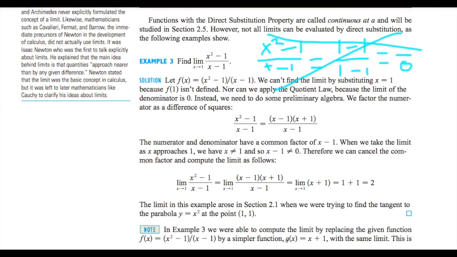But why can they solve it right now? Well, if you see up here, they factored it first. Then this and this cancel. Once that cancels, you could put the 1 in place here, because these cancel, remember? Then 1 plus 1 is 2. So if you're able to simplify something first, then you could plug it in, even if it looks like it's not going to work right away.